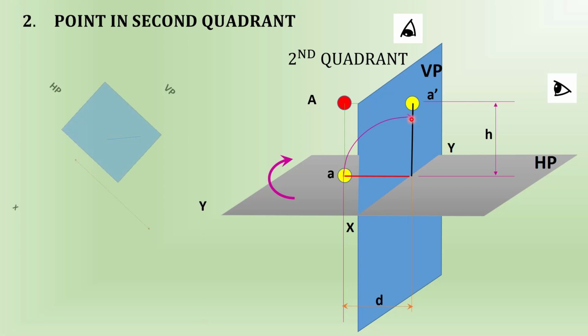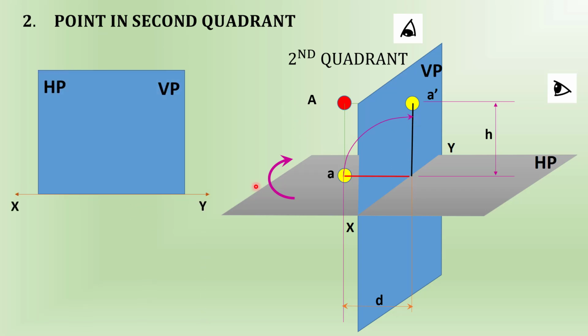So when you draw the orthographic projection, both the vertical plane and horizontal plane will be above the xy line. So the plan as well as elevation will be above the xy line. Then, as I have told earlier, the distance of the plan point will be the distance from the vertical plane, and the distance of the elevation will be the distance from the horizontal plane from the xy line. So if the point lies in the second quadrant, both plan and elevation will be above the xy line.